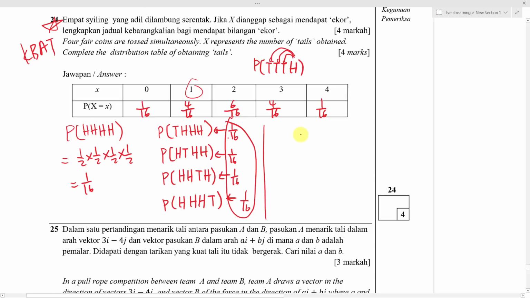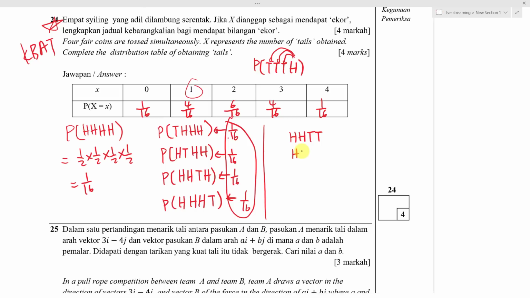But of course, I will show you how to get 6 over 16 here. So basically, you want to have 2 H and 2 T, right? So you can check out the combination about that. But normally, if I do this one myself, I remember just now I did 4C2.